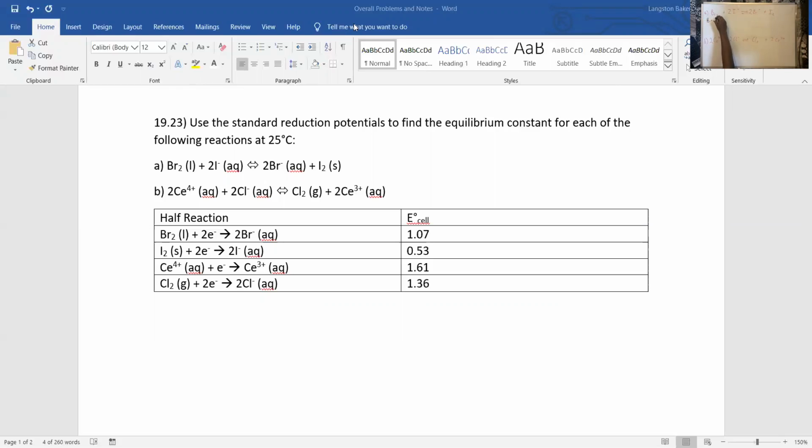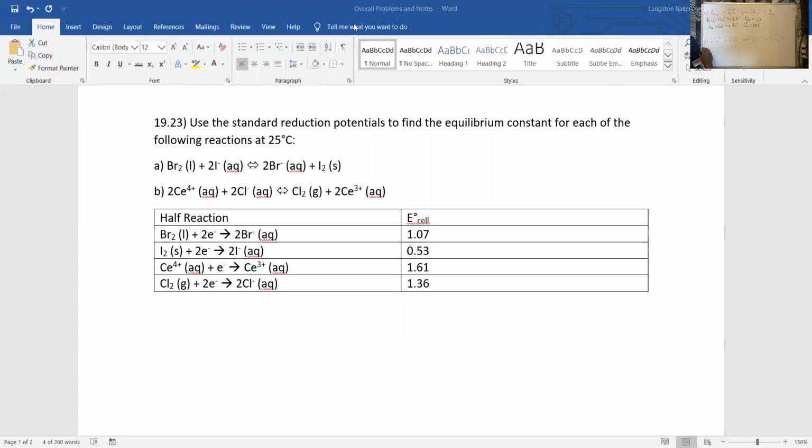Br2 plus 2e minus goes to 2Br minus, Ecell of 1.07. We have I2 plus 2e minus goes to 2I minus, and then Ecell is 0.53.